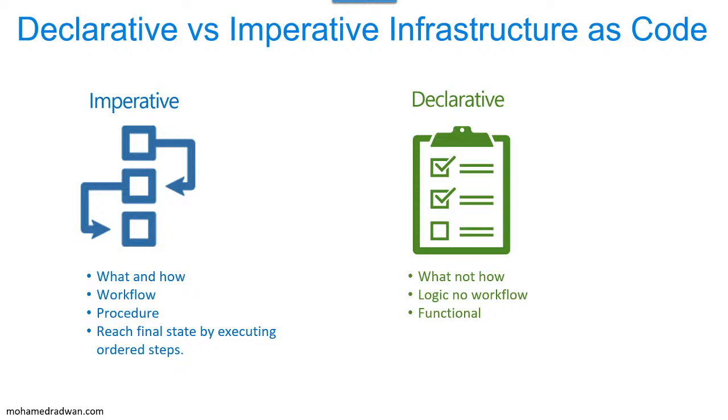You reach the final state by executing the content with no order. It doesn't matter the order because again, it is not how, it is what. You just explain what. And this is very important when we're talking about the difference between declarative and imperative.